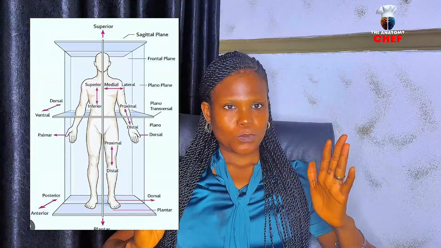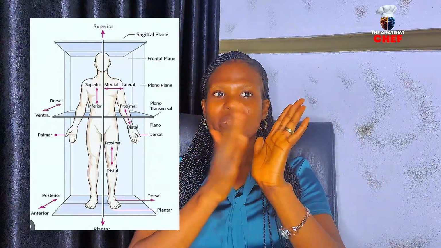The body has to be standing erect, face forward, nose and eyes forward, arms hanging by the side with the palms facing forward, feet flat on the floor, and the toes pointing forward. That is what anatomical position entails.